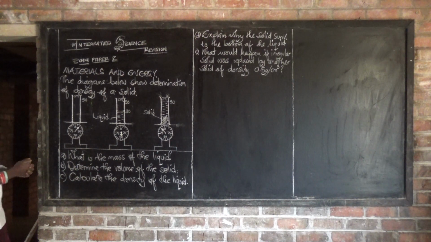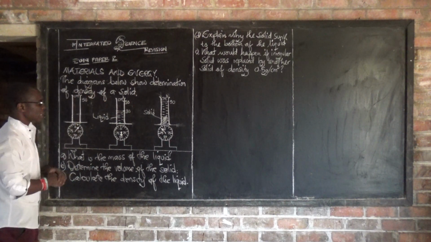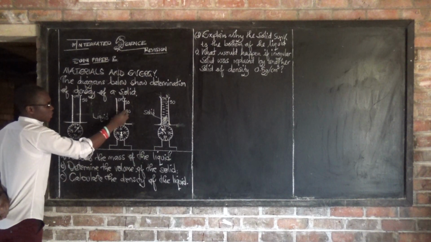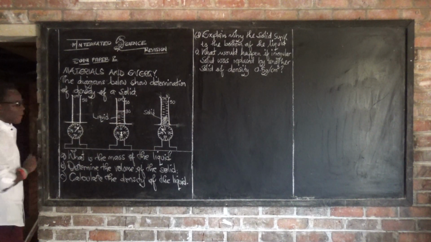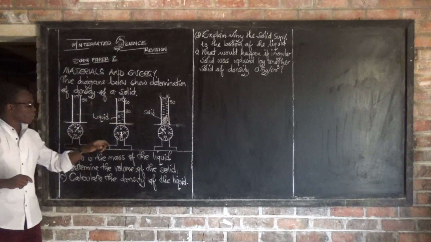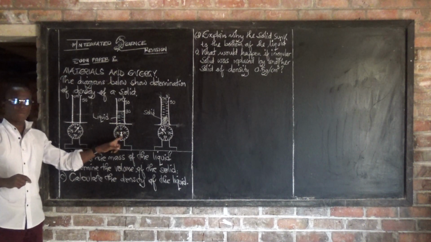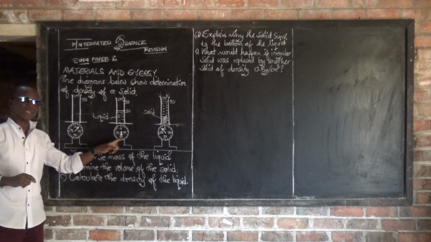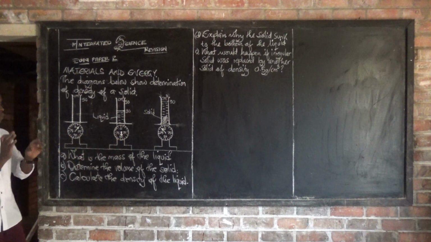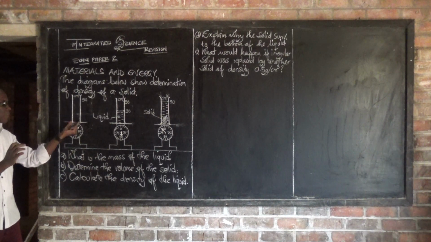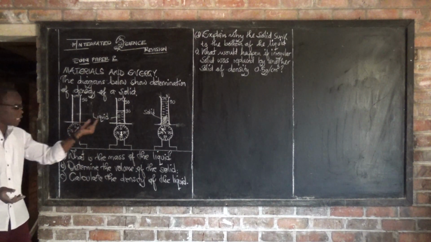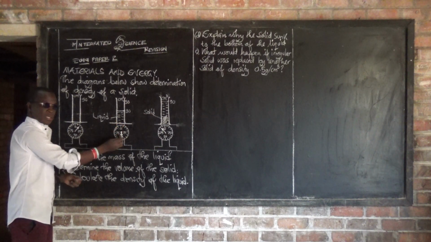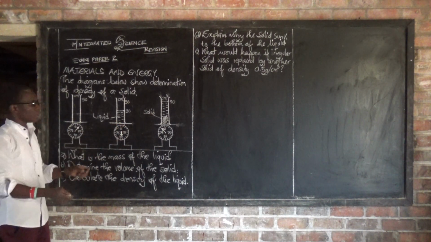Then we put in the liquid. After putting in the liquid, the mass changed from 10 to 50. So this 50 grams is a combination of the mass of the empty measuring cylinder and the liquid.